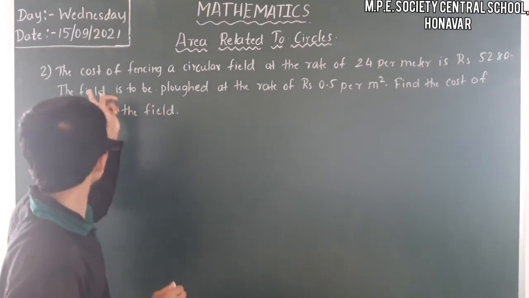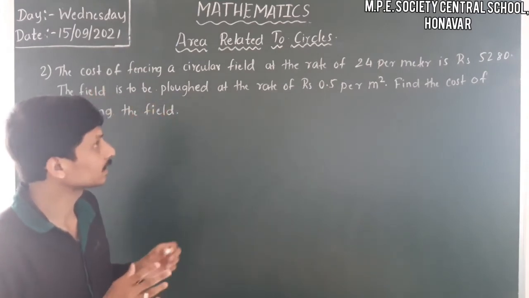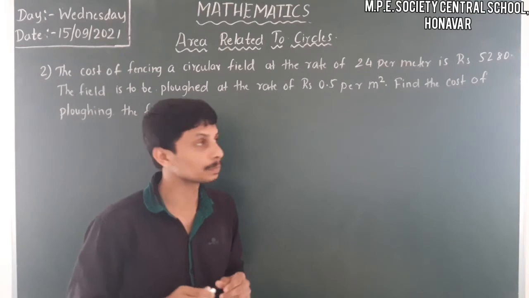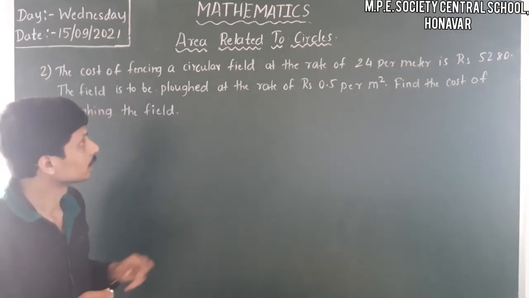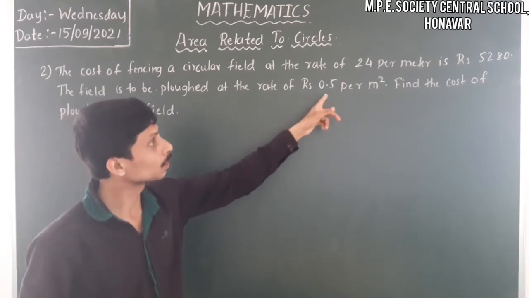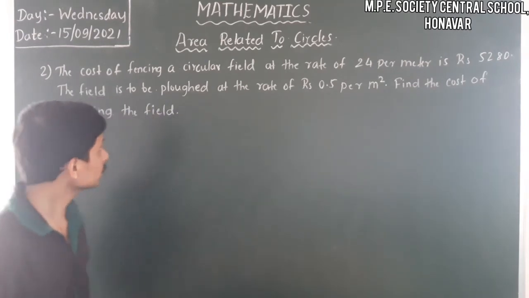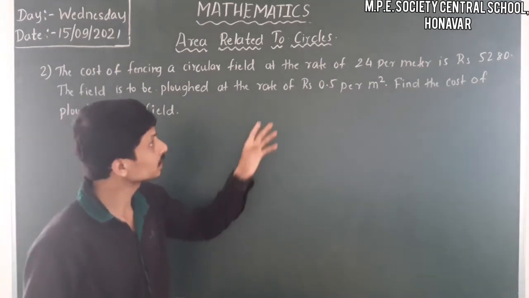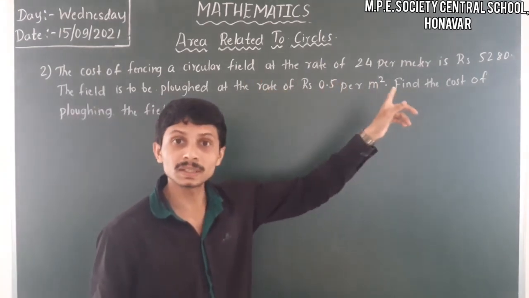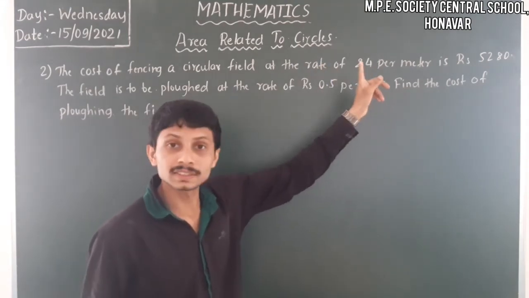So here we have the cost of fencing a circular field at the rate of 24 per meter is rupees 5280. The field is to be plowed at the rate of rupees 0.5 per meter square. Find the cost of plowing the field. So here we have some information, that is the complete cost of fencing the circular field.